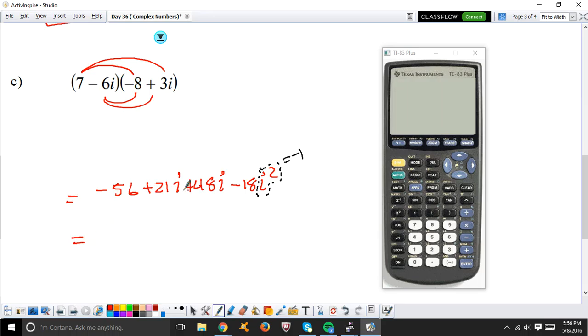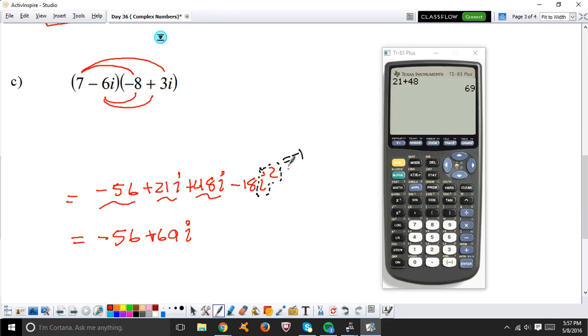Let's try to combine like terms, and then we can just simplify that. So let's see. Can I combine this negative 56 with anything else here? No, that's negative 56. Can I combine the i's? Well, 21 plus 48, that's equal to 69. So plus 69i.